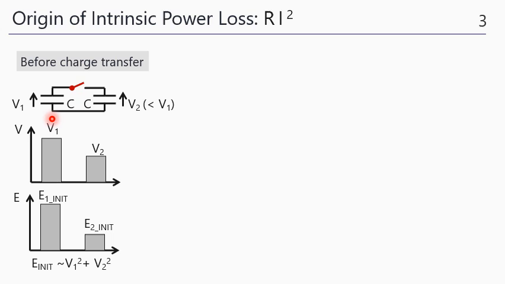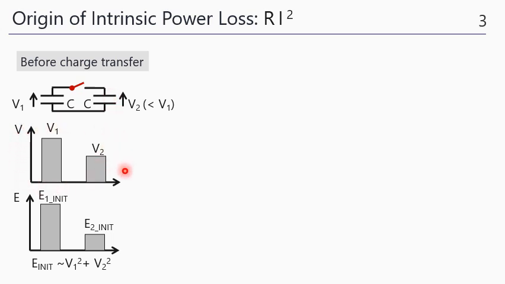Let's consider the two neighboring capacitors here. Before charge transfer, the first capacitor is charged and the second capacitor is of course also charged. However, the voltage at the second capacitor is lower than the voltage of the first capacitor, to transfer the charge from the first one to the second one.